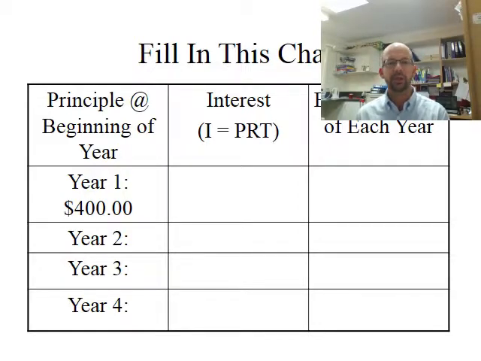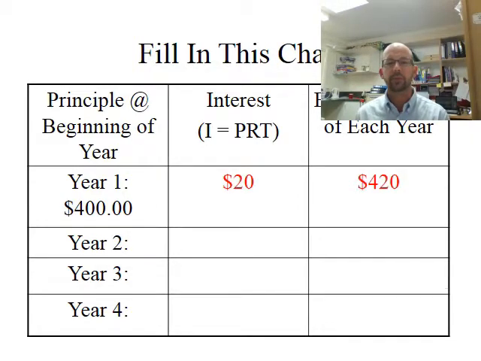So first up, year 1, we have $400 principal. Interest rate for this example is 0.05, 5% as a decimal. So that gives us an interest amount of $20 in the first year, and so a balance at the end of the year of $420.